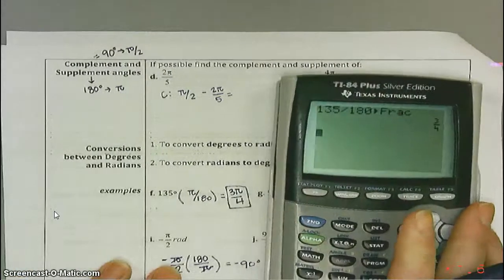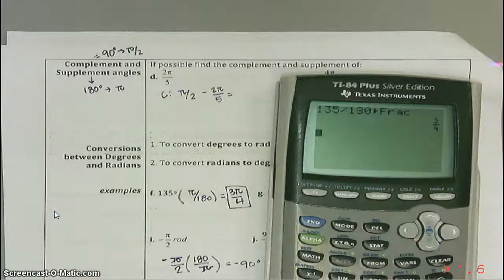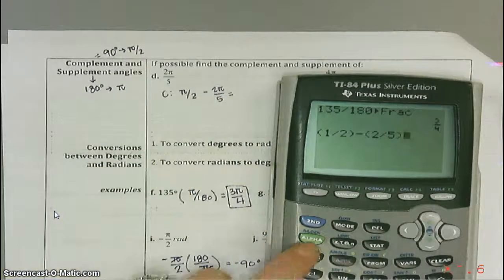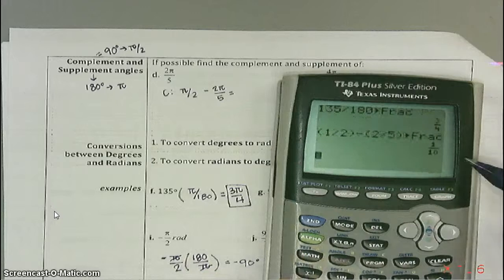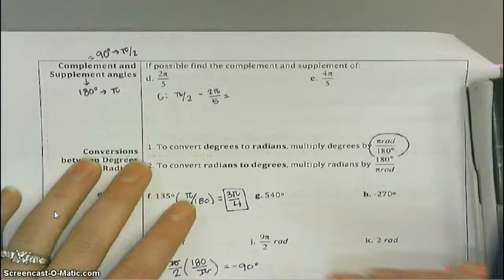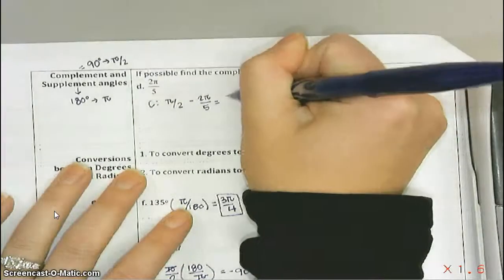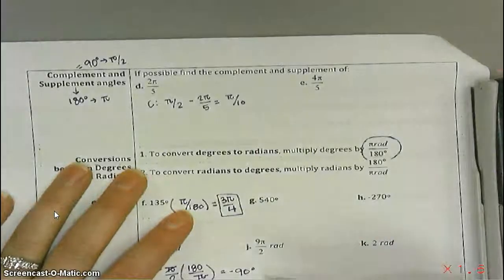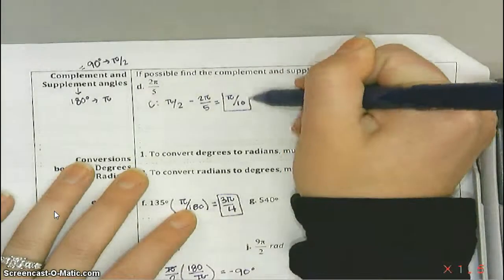What you would probably want to do is pretend like the pi's aren't there. So for pi over 2, go ahead and put in 1/2. And then subtract from that 2/5 to handle 2 pi over 5. You can make that answer a fraction to get 1/10. And to deal with the pi, it would just be a pi on top, so pi over 10. So the complementary angle in radians is pi over 10.